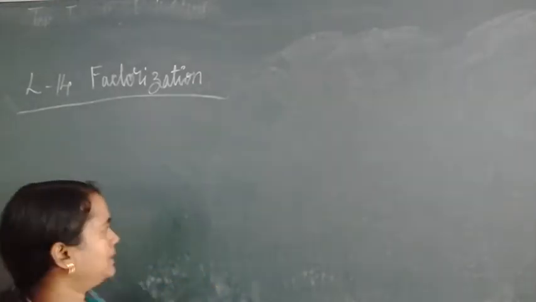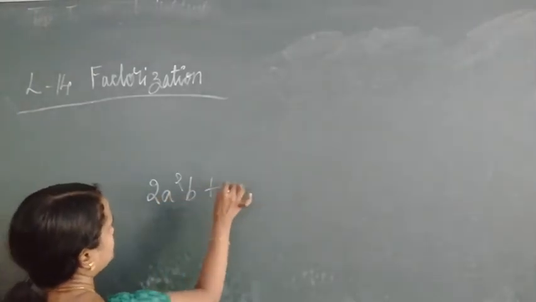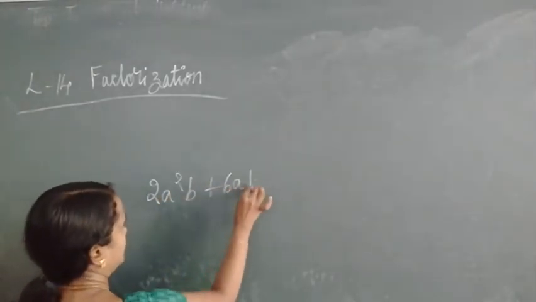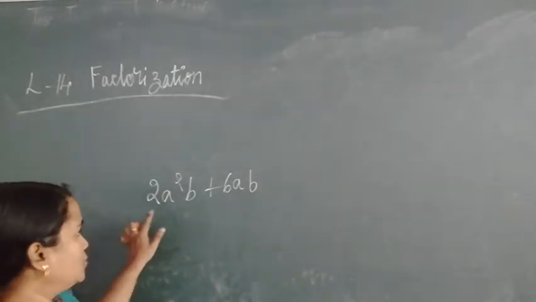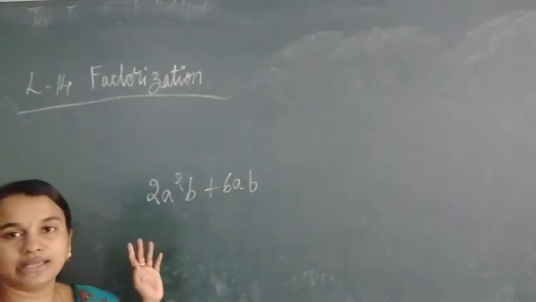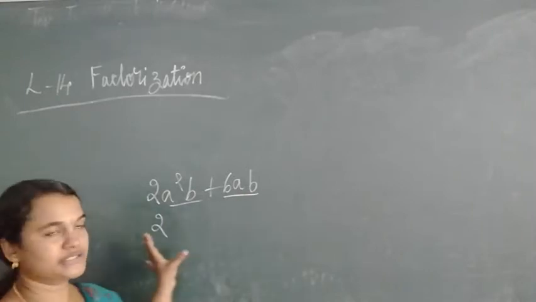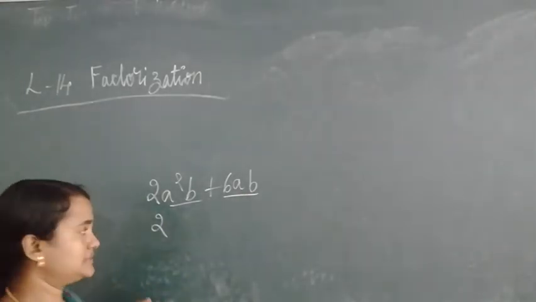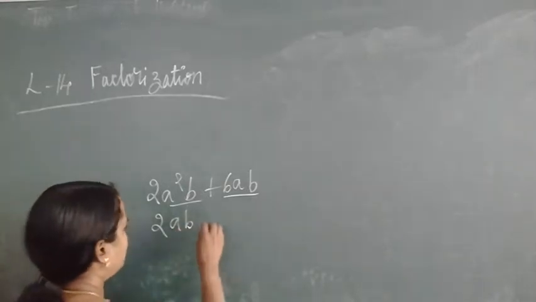For example, if the question is 2a square b plus 6ab. By seeing only, we will understand 2 and 6: 6 goes in the table of 2, so we can take 2 as common. In both the first term and second term, a and b are there, so ab we will take out.